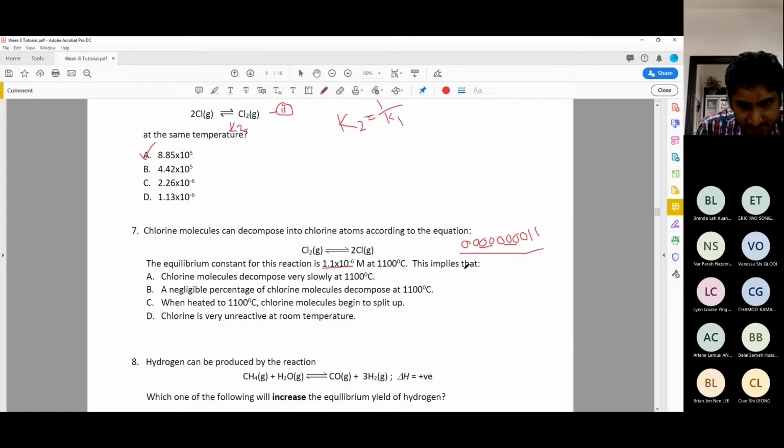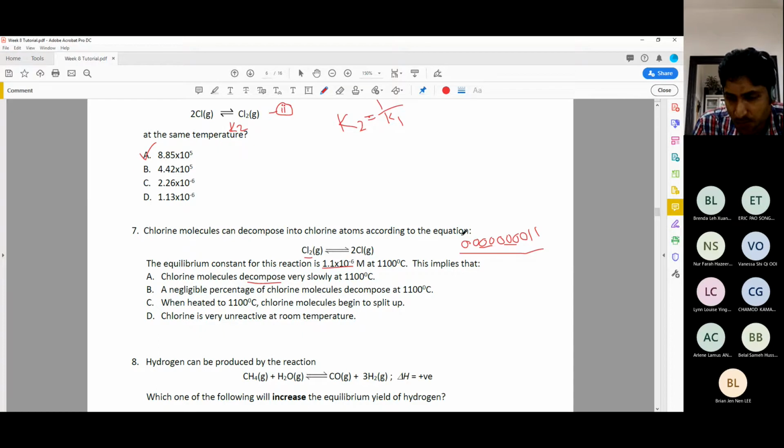Yes, it is decomposing, but it does not decompose, it dissociates, right? It dissociates from chlorine molecule to chlorine atoms. So it's not the correct answer. B says that a negligible percentage of chlorine molecules decompose at 1100 degrees centigrade.